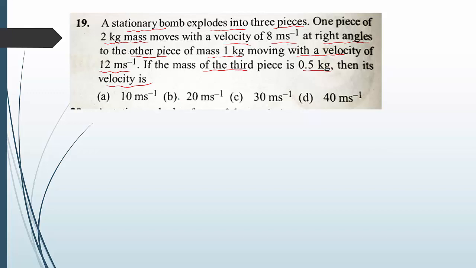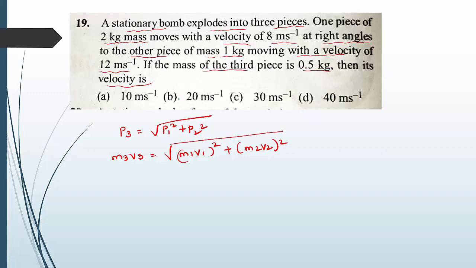So we can directly go for the law of conservation of linear momentum. Let us write P3 equal to square root of P1 square plus P2 square. Right, that gives the linear momentum value. P3 means M3 V3 is equal to the square root of (M1 V1) square plus (M2 V2) square.